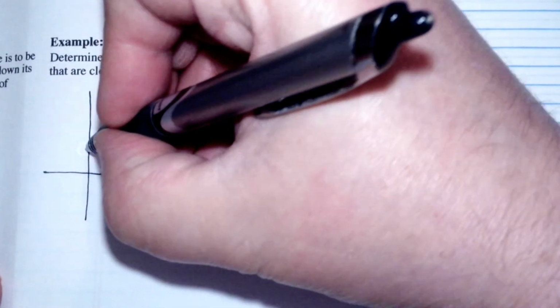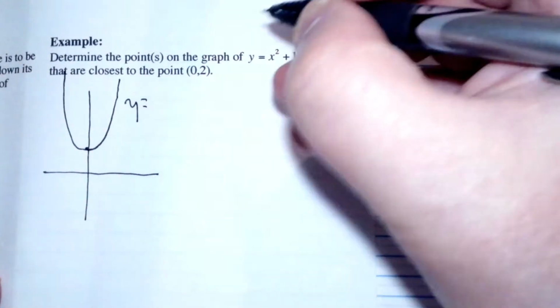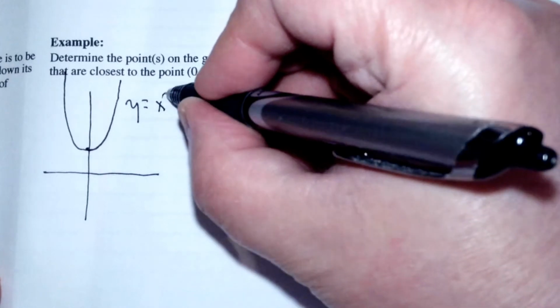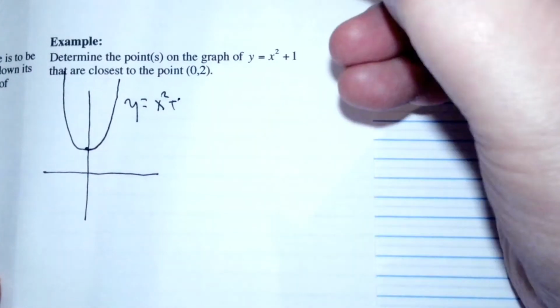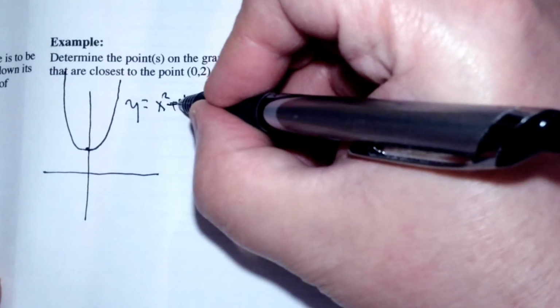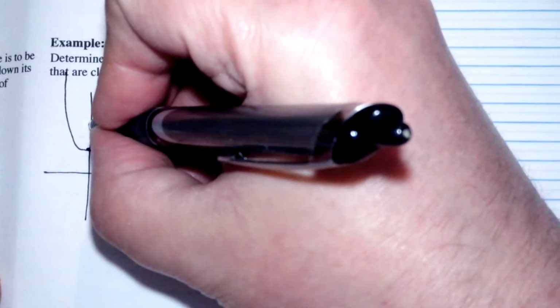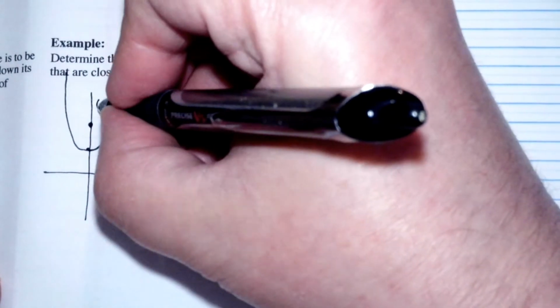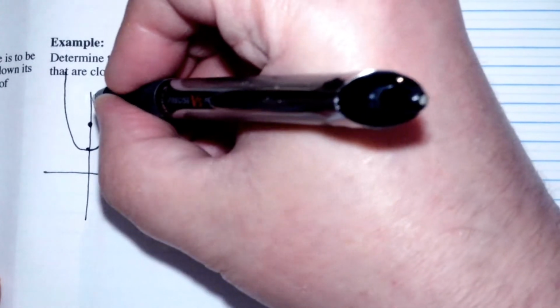So I'm going to draw in the graph of y equals x squared plus 2. Sorry, x squared plus 1. And then we've got the point (0, 2).